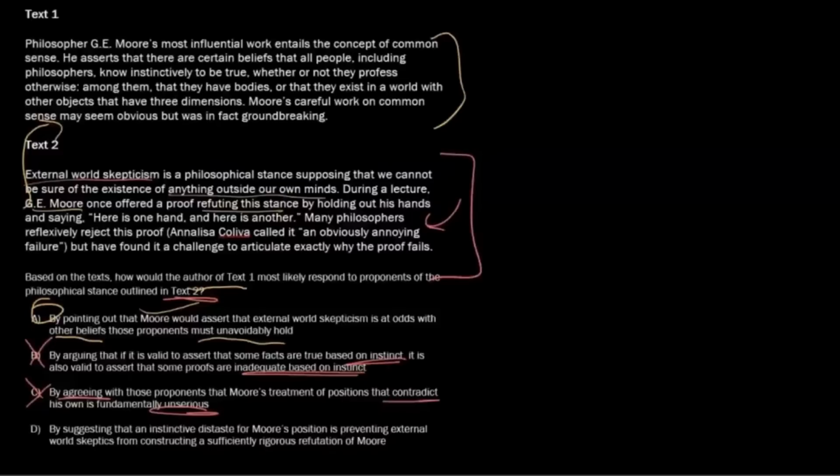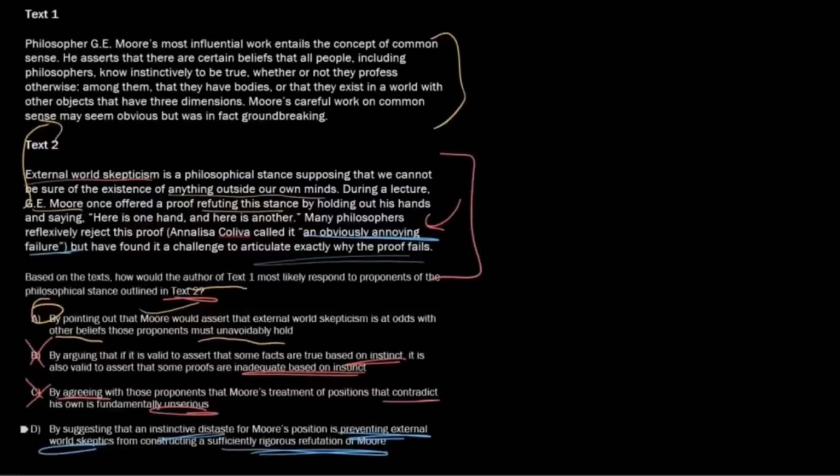Now, our last choice here, by suggesting that an instinctive distaste for Moore's position is preventing external world skeptics from constructing a sufficiently rigorous refutation of Moore. Now, she's calling it an obviously annoying failure, right? And they haven't found out how to refute it exactly. But I would say that this is not the answer, right?